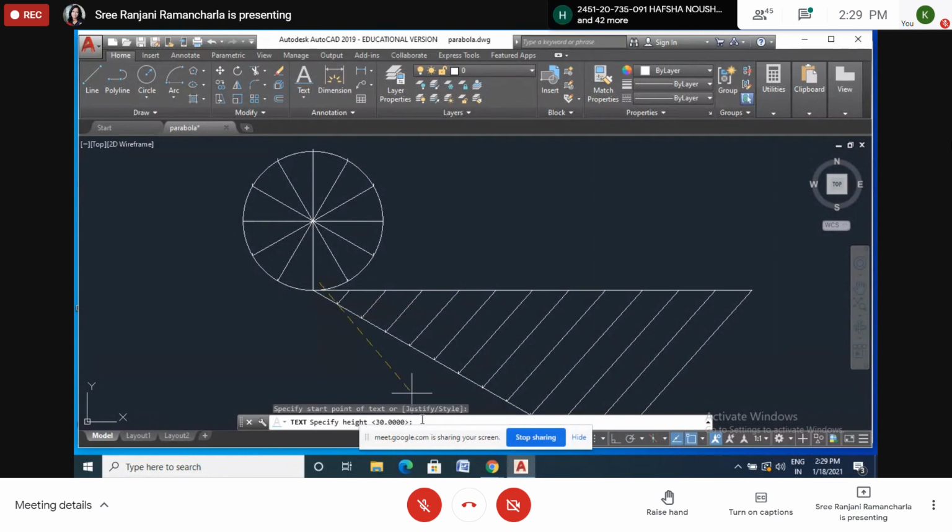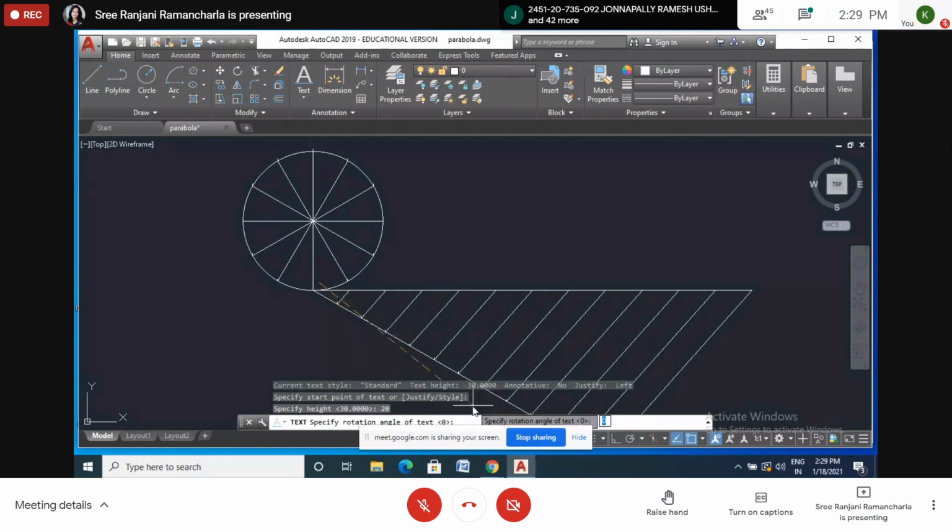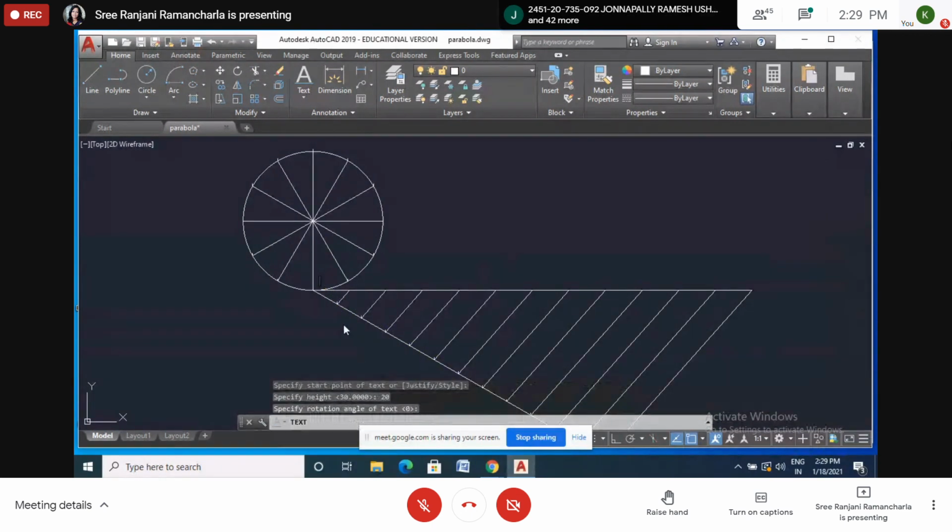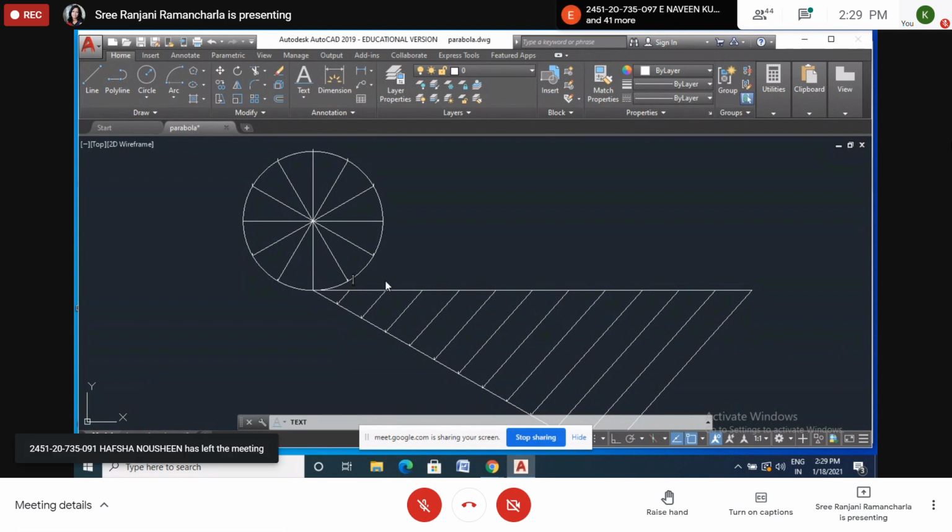So I want to make it a little smaller, 20 size. Enter. So this one I will take as 1.